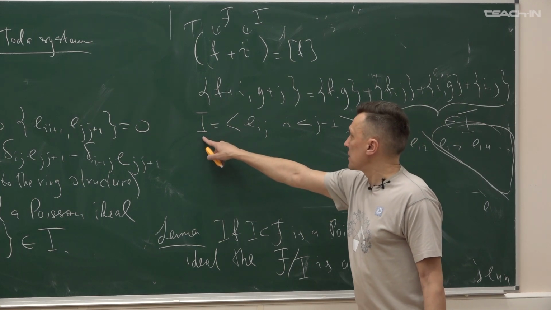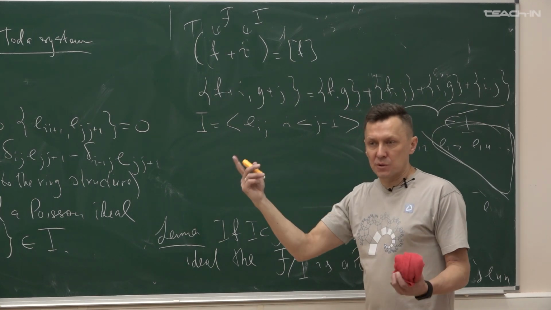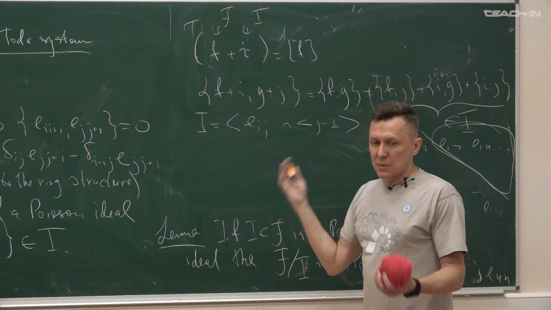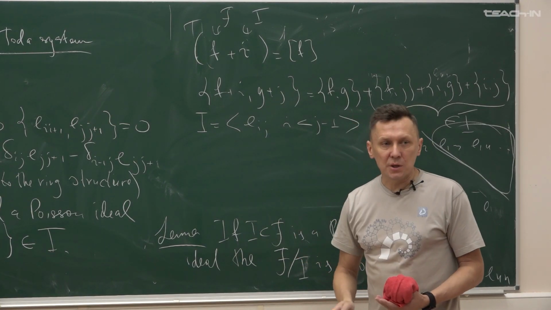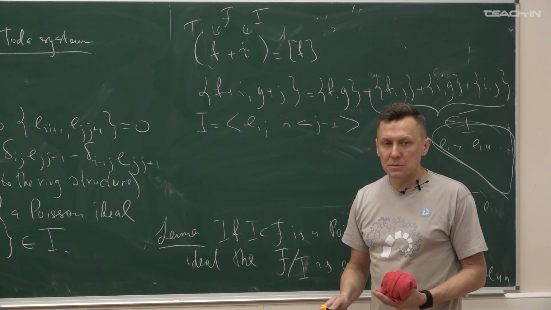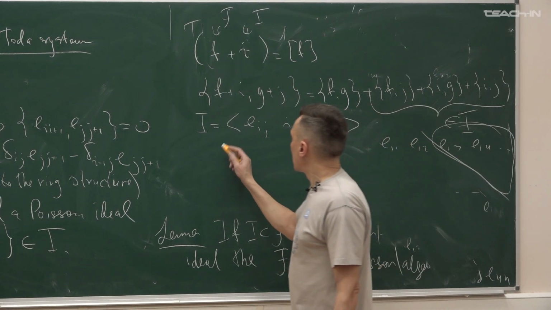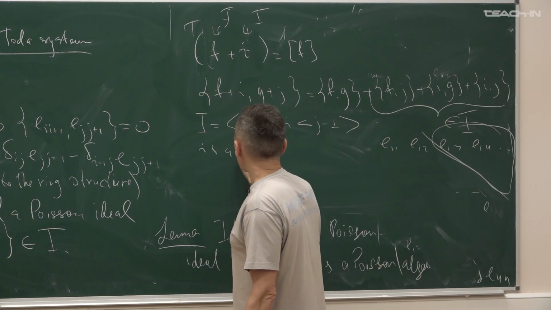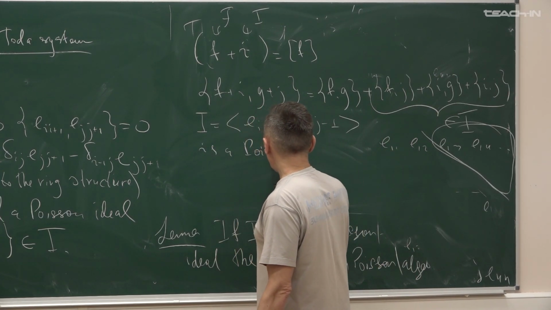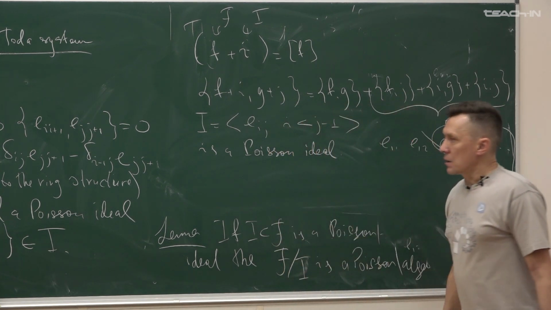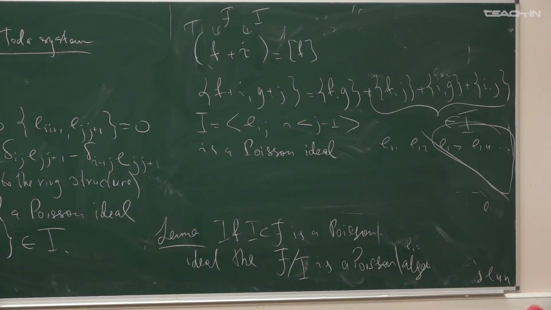So we consider an ideal in the commutative sense generated by such elements. My statement is that it is a Poisson ideal. How to verify?